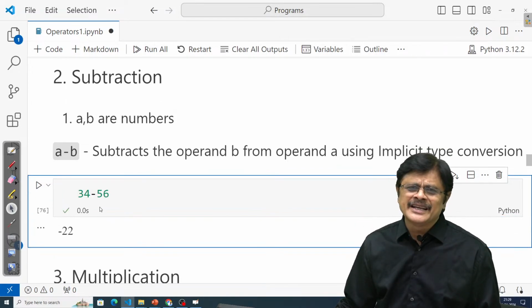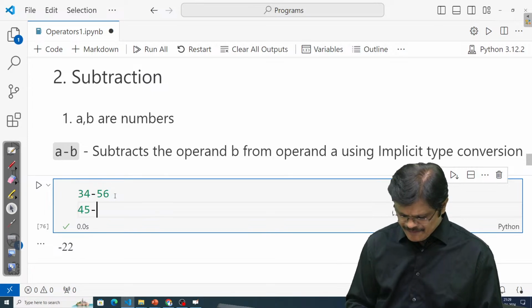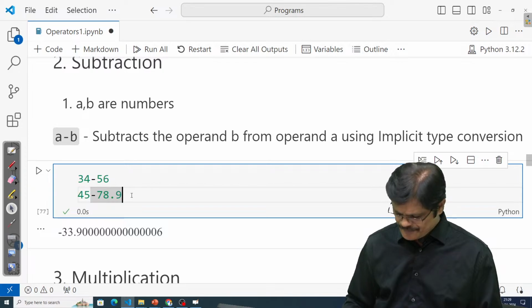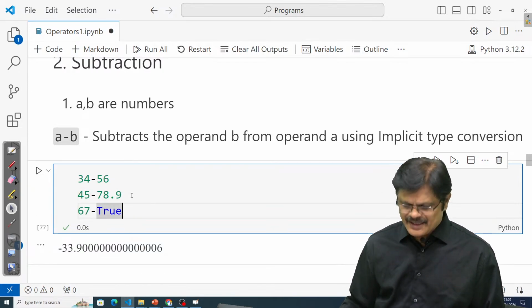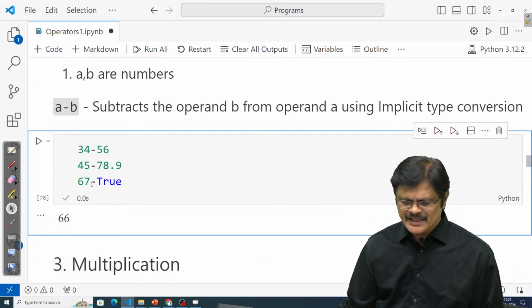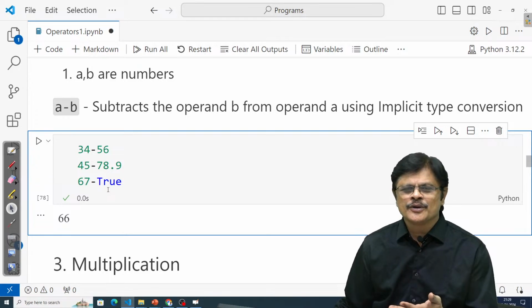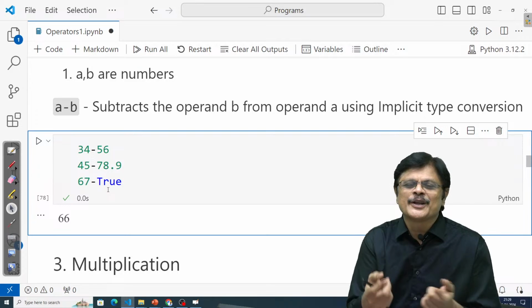If both are integer, the result is integer. If one is float and the other is integer, the result is float. If one is integer and the other is bool, the result is integer, like that. You can try this exactly the same as your addition, but here we are taking the difference between the two numbers.